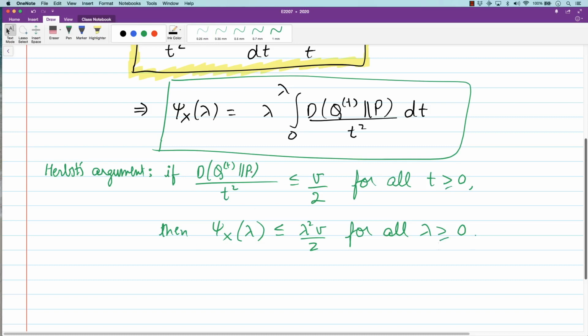We just have to derive a bound for this particular divergence, and that will give us a bound for the log moment generating function. And that's what we want to do now.